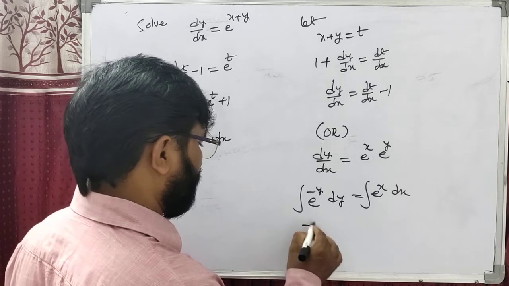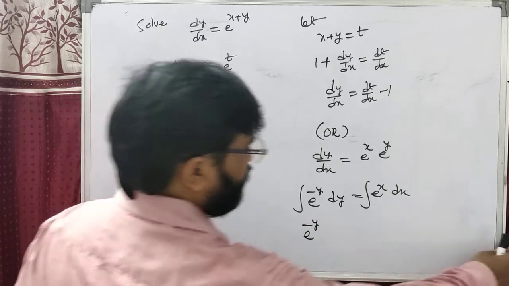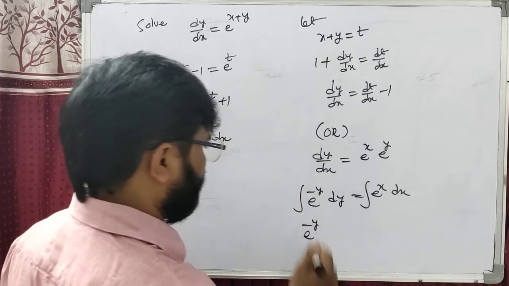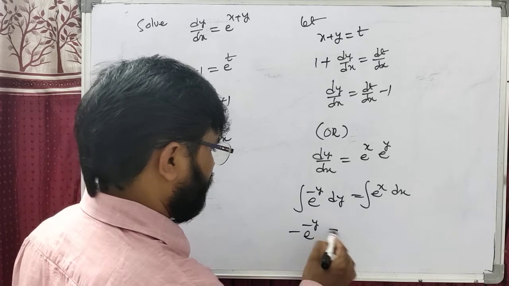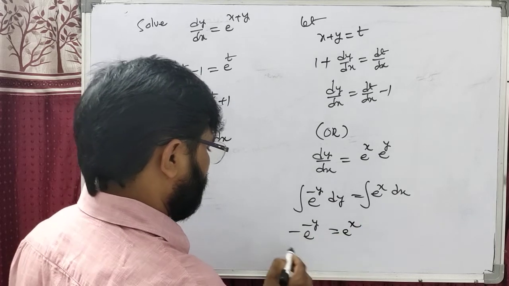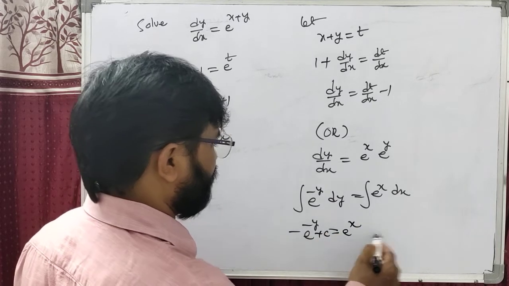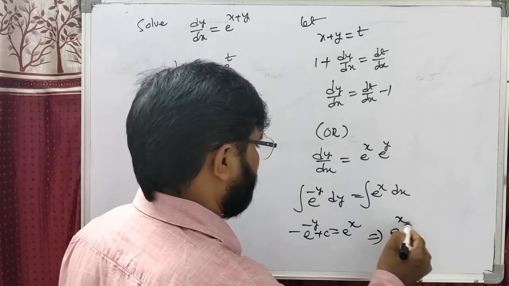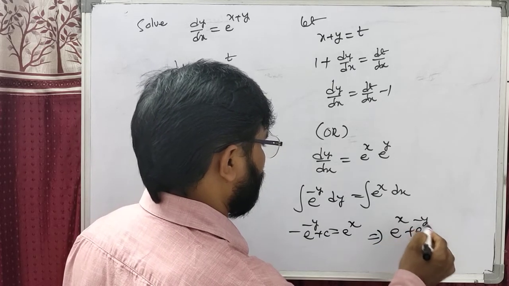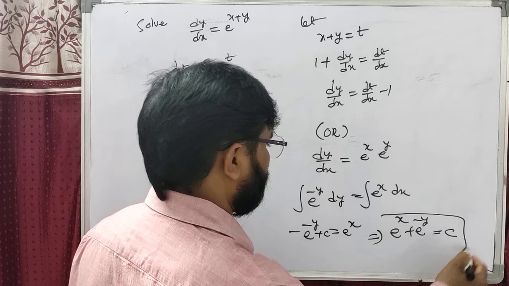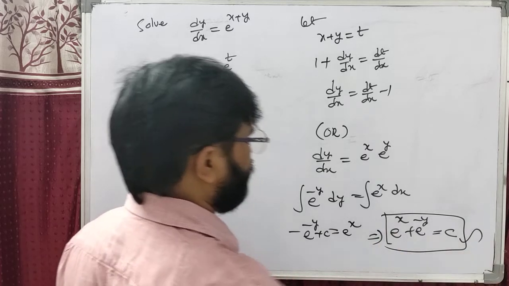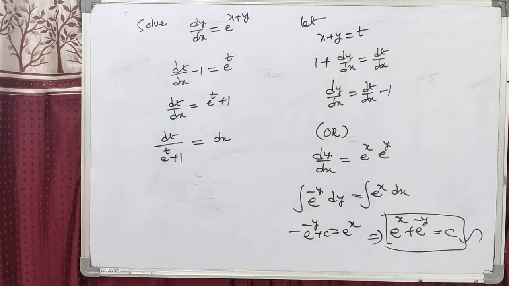Now we integrate e power minus y, which gives a minus, equal to e power x, and the integral constant is c. Dear students, we can write e power x plus e power minus y equal to c. This is the solution.